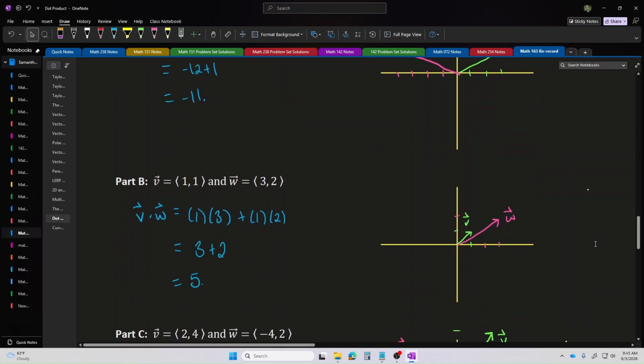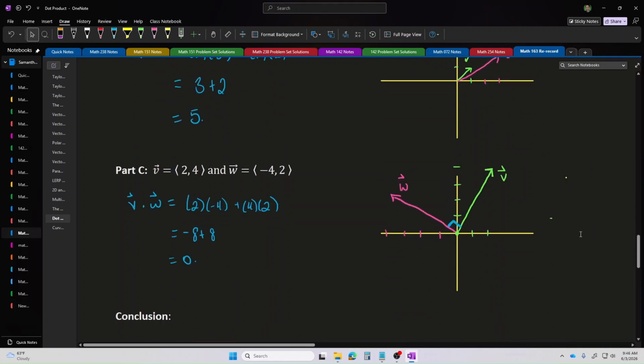In the second example, our vectors were pointing in almost the same direction. The vectors were mostly aligned. In other words, these vectors had quite a small angle between them. And in this final example, we saw that the vectors are perpendicular.